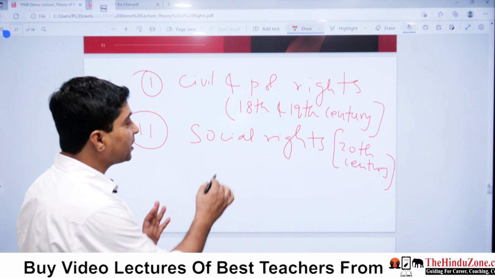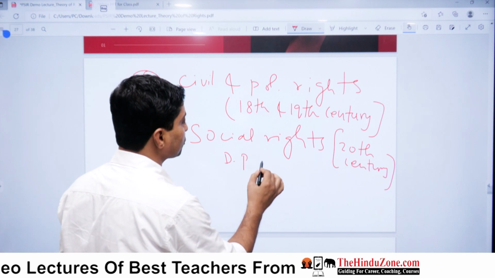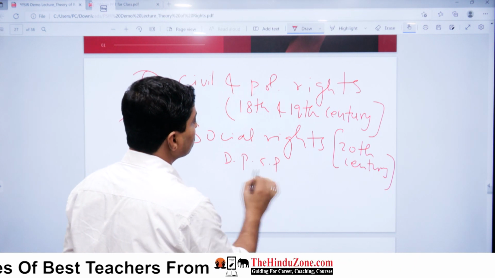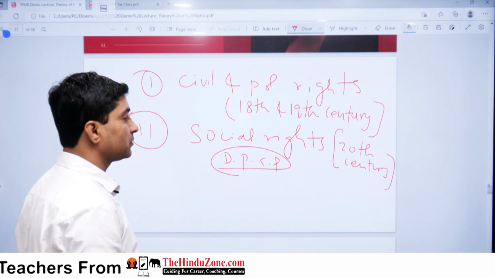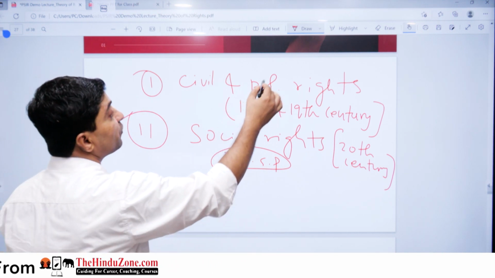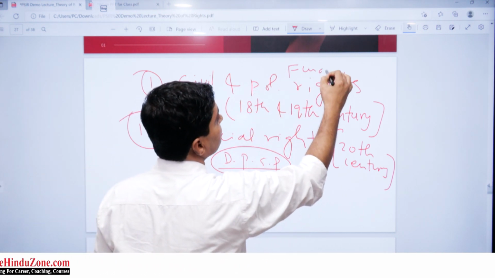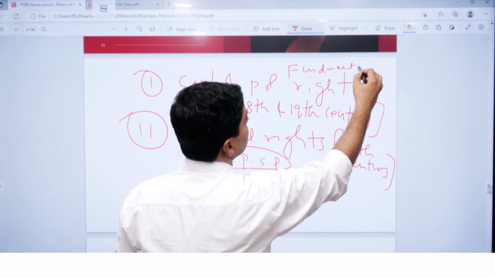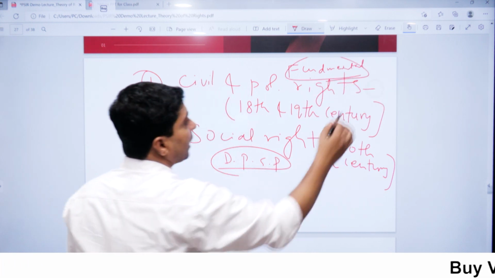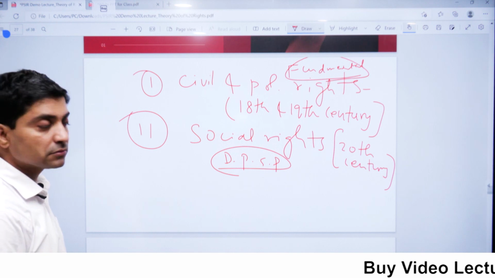If you see the DPSP of the Indian Constitution, it is all social rights. If you talk about the fundamental rights of the Indian Constitution, this is all about civil and political rights.